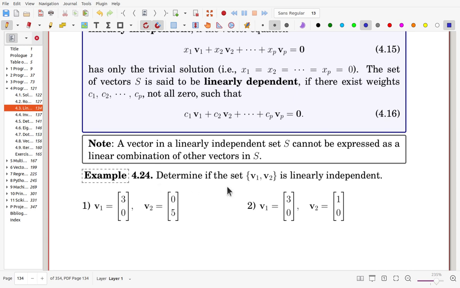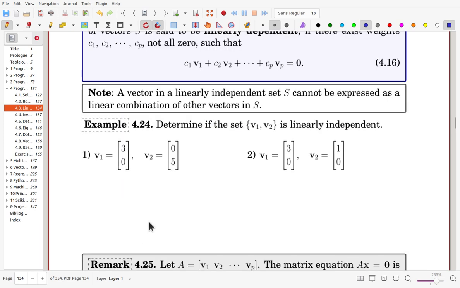Determine if the set V1, V2 is linearly independent. Okay, if we are using the definition, we start with x1 v1 plus x2 v2 equals 0. Then this left-hand side is the same as x1 times v1, which is 3, 0, plus x2 times v2, which is 0, 5.